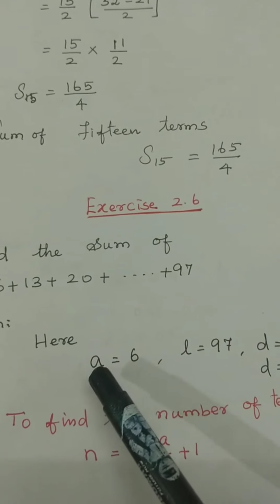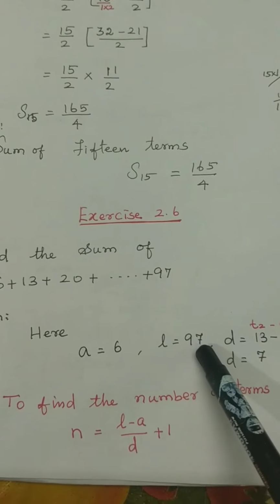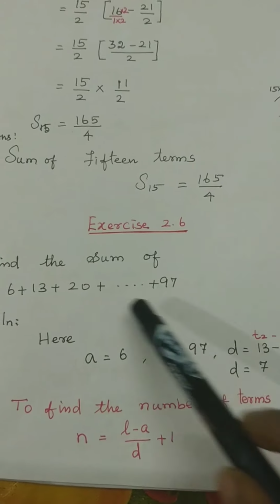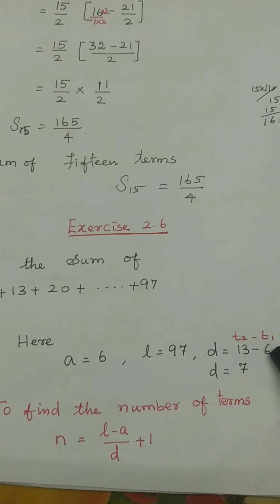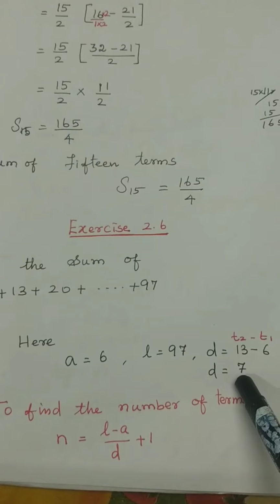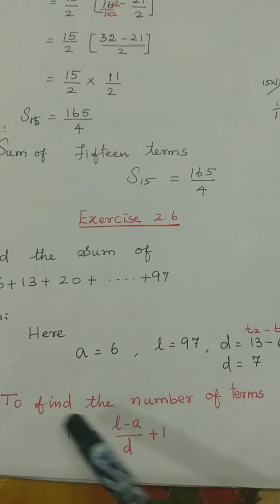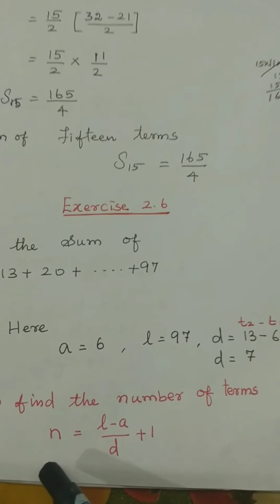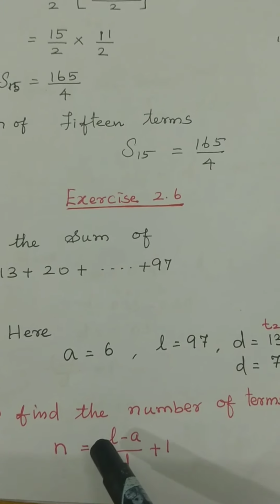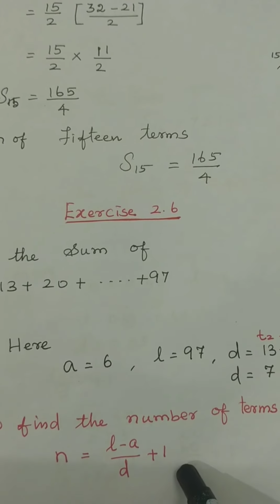Solution. Here A is equal to 6, L is equal to 97 and D is equal to T2 minus T1, that is 13 minus 6, which is 7. Now find the number of terms. To find the number of terms, we use the formula n is equal to L minus A by D plus 1.